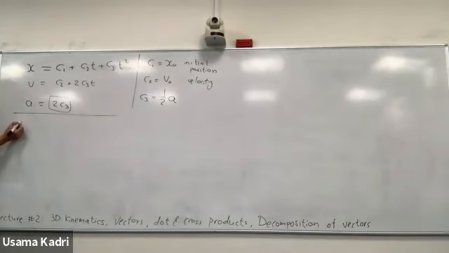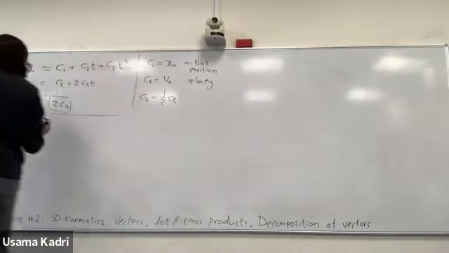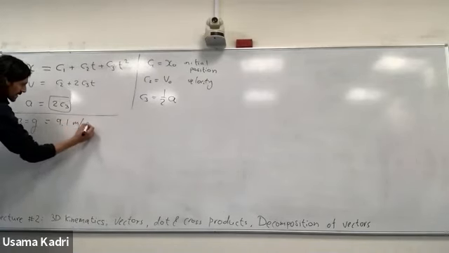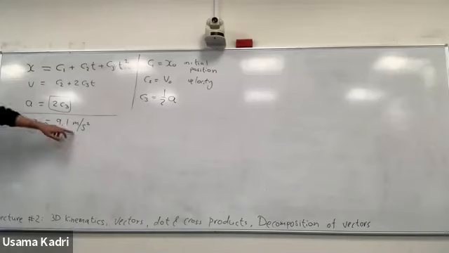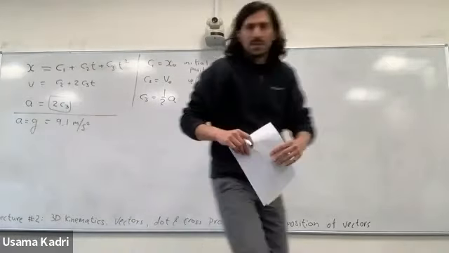If we consider gravity, A would be G in terms of magnitude, and that is equal to 9.1 meters per second squared. Why meters per second squared? Because the acceleration has to have units of meters per second squared.